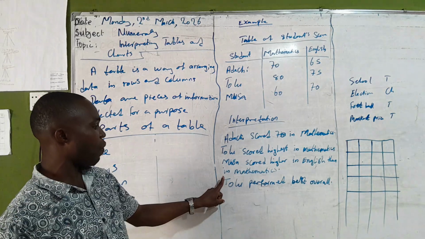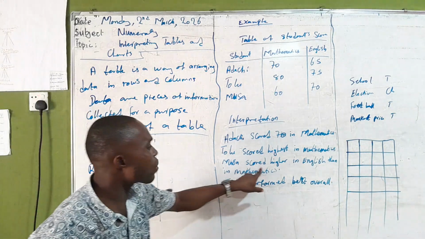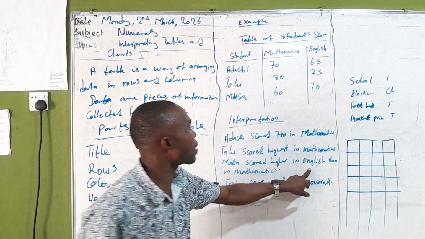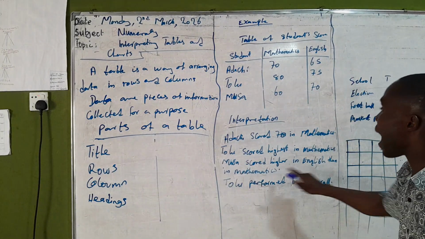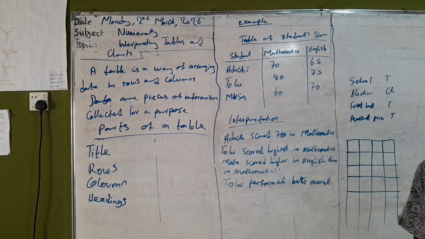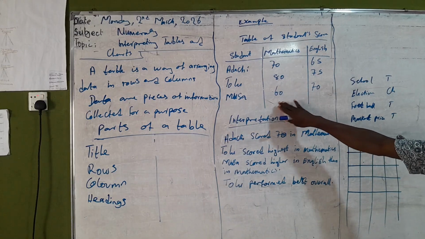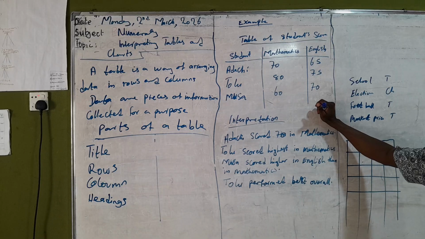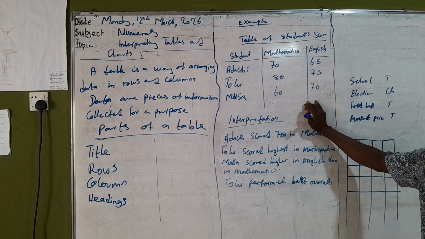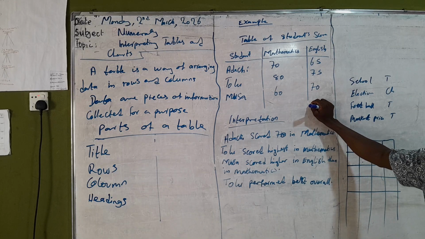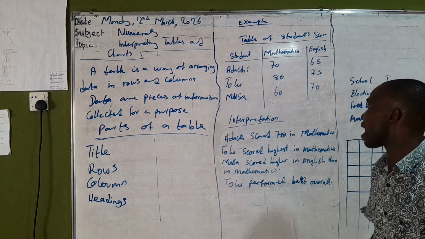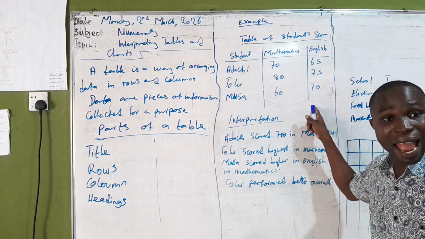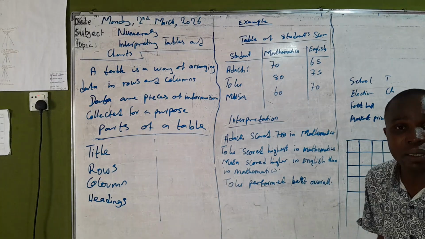Now look at this: Musa scored higher in English than in mathematics. We look at the row for Musa, and we know that in mathematics Musa scored 60 and in English Musa scored 70. So Musa scored higher in English than in mathematics.